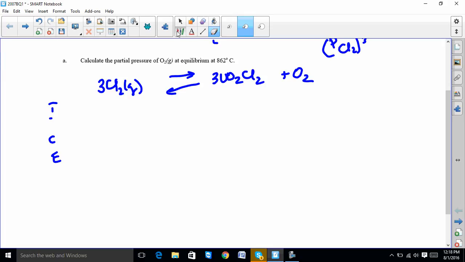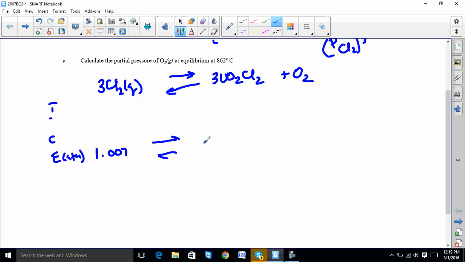that because they told you that the equilibrium pressure of this was 1.007, I think, atmospheres. So this is in atmospheres. And they told you that this pressure was 9.734 times 10 to the negative fourth atmospheres.